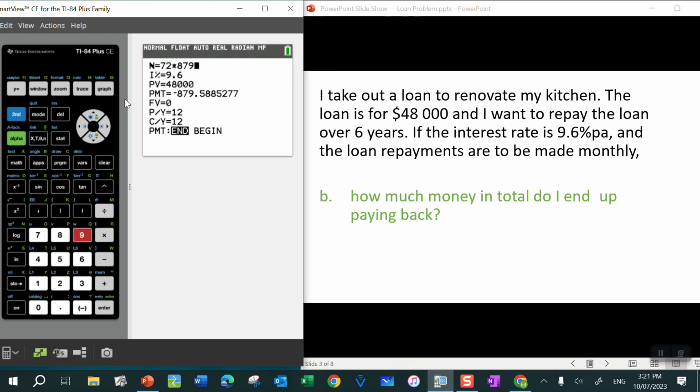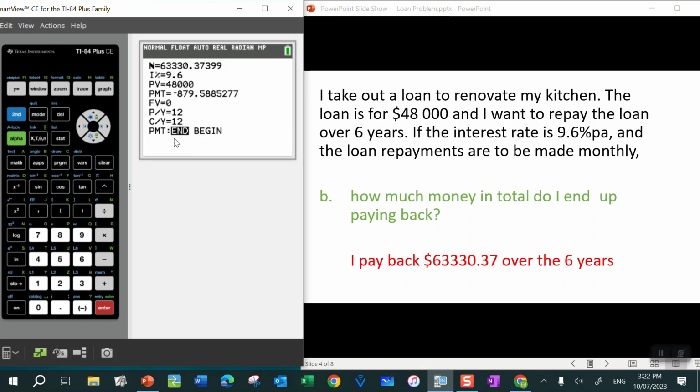Notice that this top row pretty well acts as a primitive little calculator in its own right, so you can just do some calculations up there. I'm going to put in the whole number, which is a bit cumbersome, but I don't want to lose any precision in rounding. If I press Enter, I'll see that that's what I'm going to end up paying back: $63,330.37.